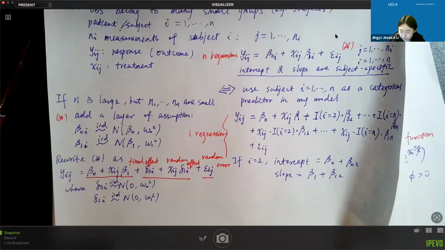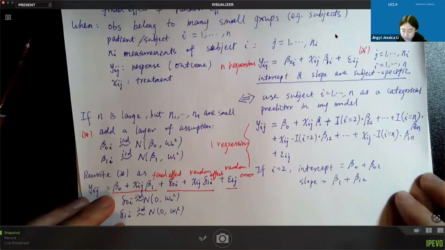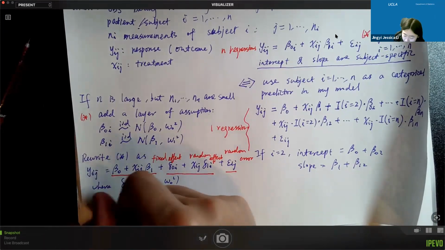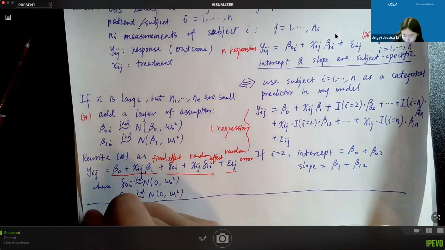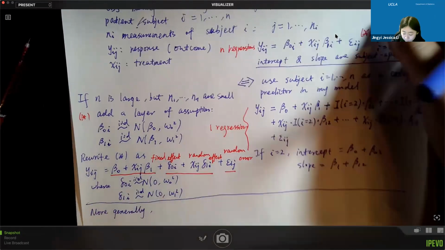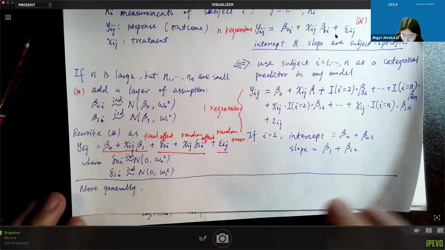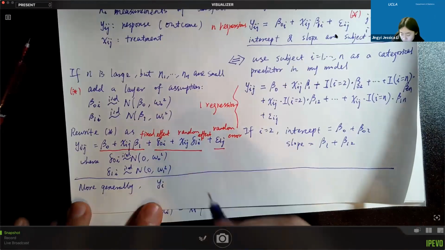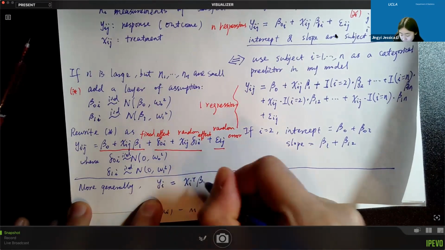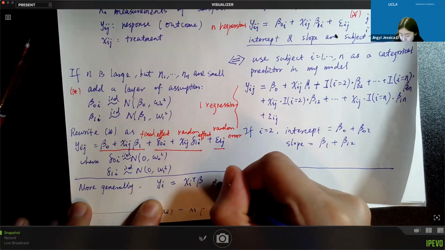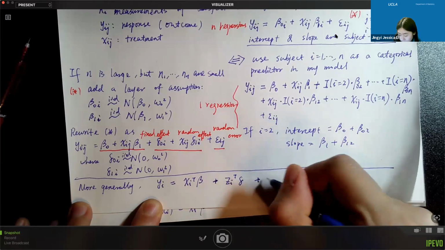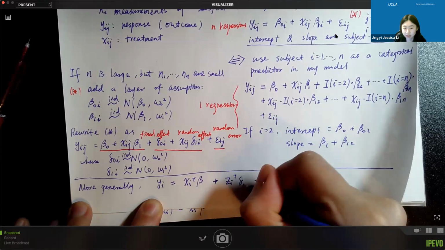So another important thing I want to say about the linear mixed effect model, maybe I'll give you the more general formula here. So more generally, we can write yi as equal to xi beta plus zi delta plus epsilon i, or often we have this delta i.